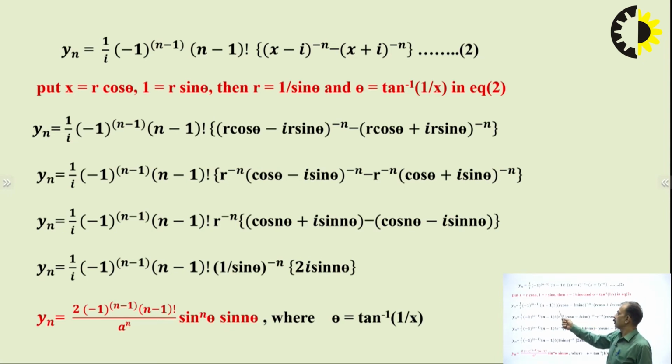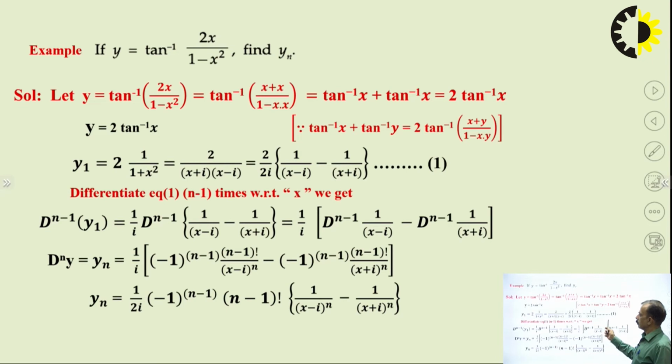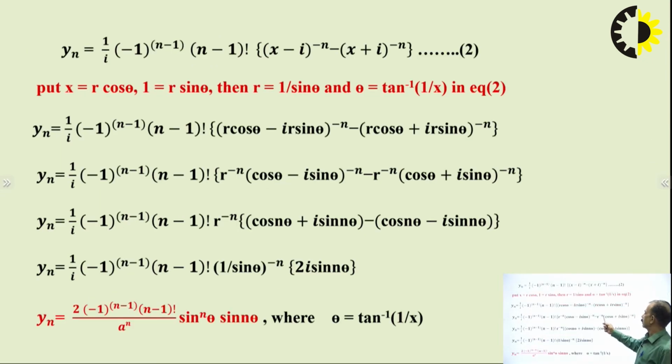After putting these values, yn is 1 upon i into minus 1 raised to the power n minus 1 factorial into (r cos theta minus i r sin theta) whole raised to the power minus n minus (r cos theta plus i r sin theta) whole raised to the power minus n.